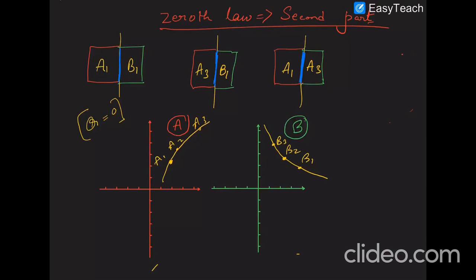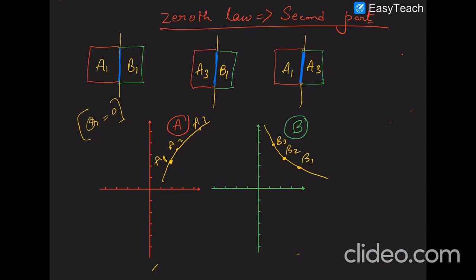Now let us appreciate that A1 and B1, when interacted via a diathermic wall, are a pair of isothermal states because the heat transfer is zero across the diathermic wall.